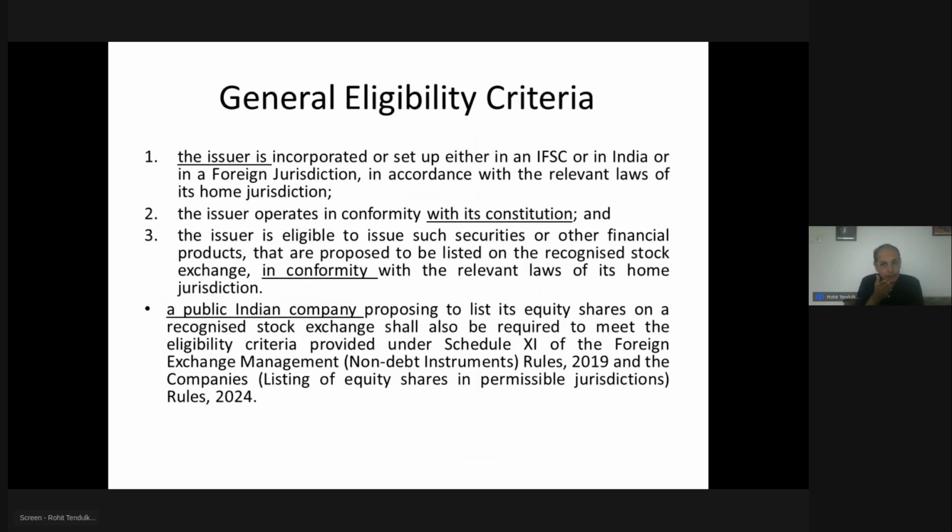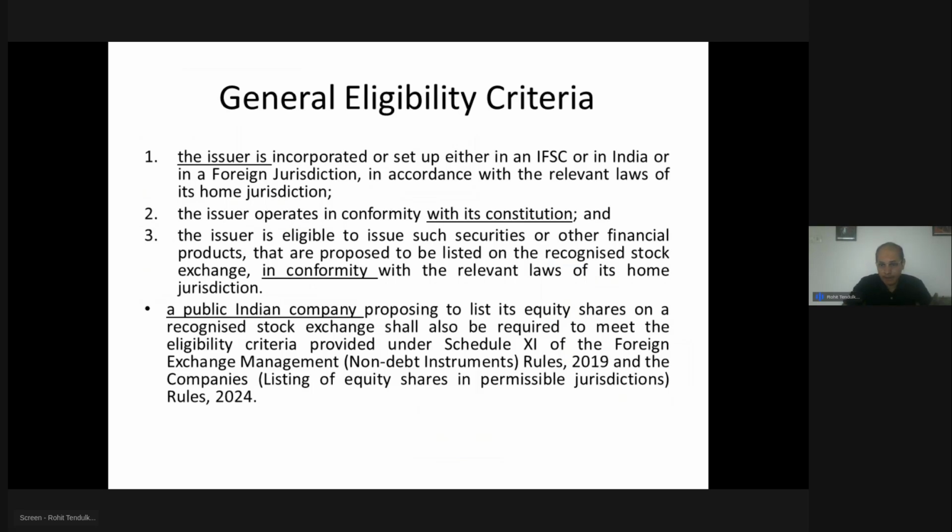So suppose the issuer is from the UK, then he must act in conformity with the relevant laws of his home jurisdiction, that is the UK laws. An Indian company must conform with the FEMA Non-Debt Instrument Rules 2019 and the Companies (Listing of Equity Shares in Permissible Jurisdictions) Rules 2024.